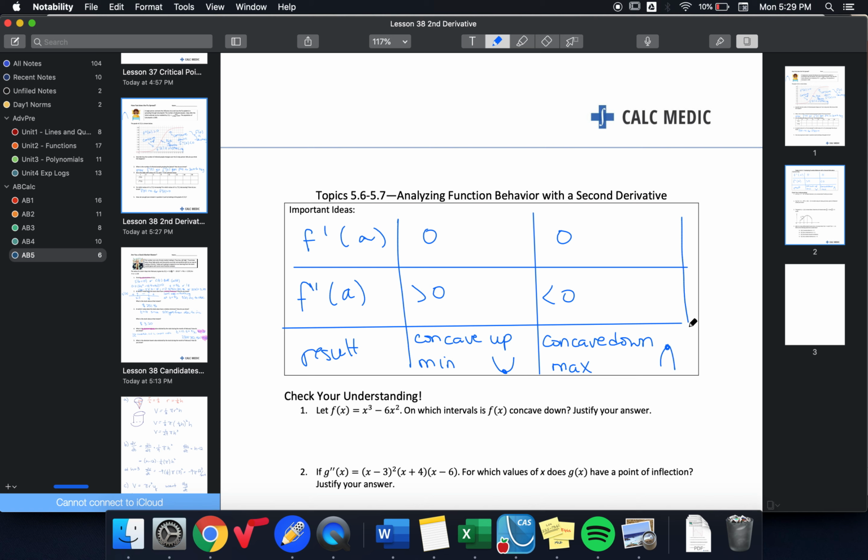All right, but now we have these other scenarios. So if our first derivative is positive and the second derivative is 0, then we're in a scenario where we're neither concave up nor concave down, so that's a point of inflection.